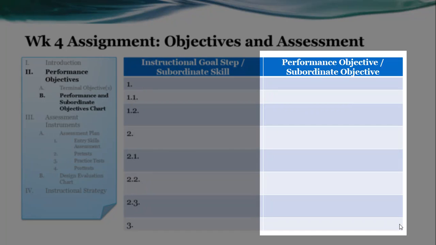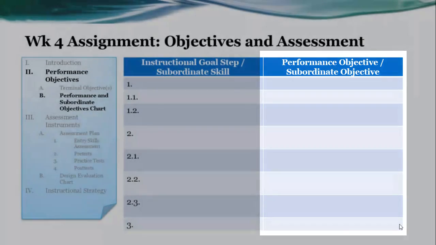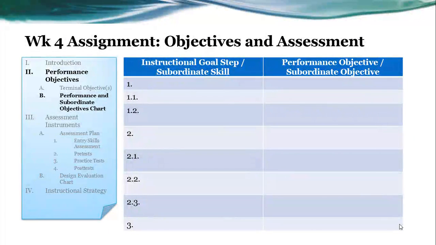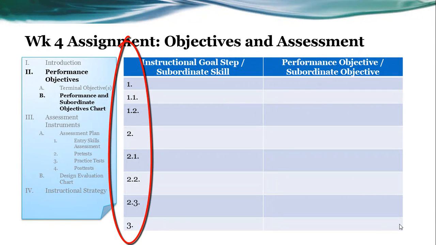And notice that for these two kinds of objectives, the parts of the objective are the same. The only difference is that the performance objective is written for the instructional goal step and the subordinate objective is written for the subordinate skill step. Use the same numbering system that you used in your goal analysis and subordinate skills analysis diagram so that these things are organized.